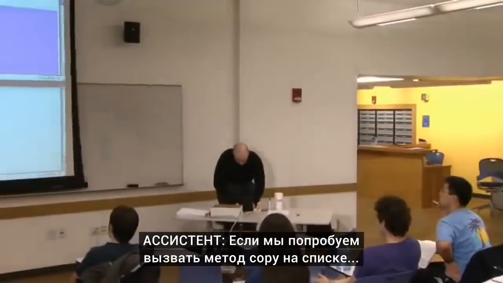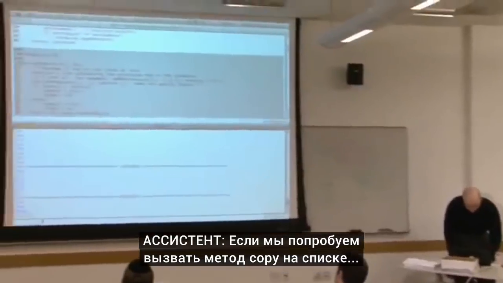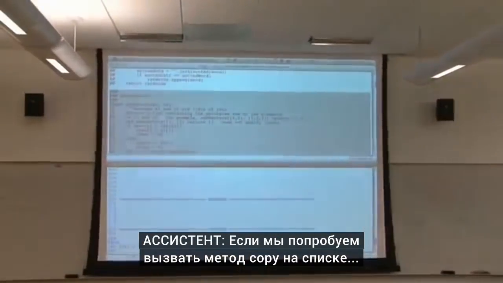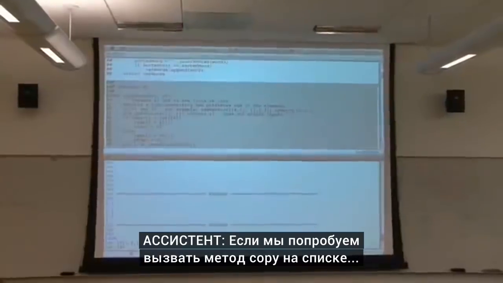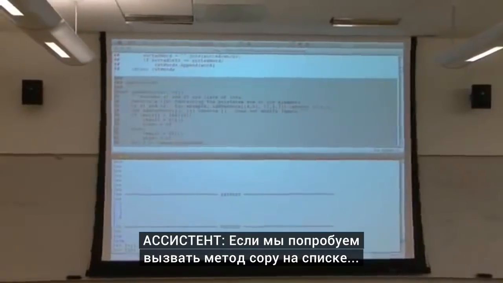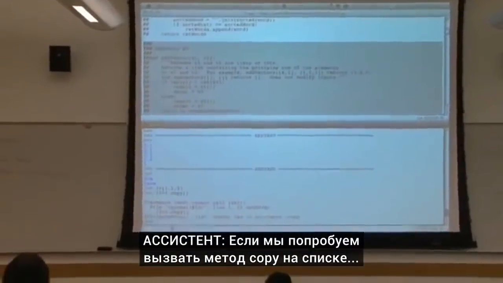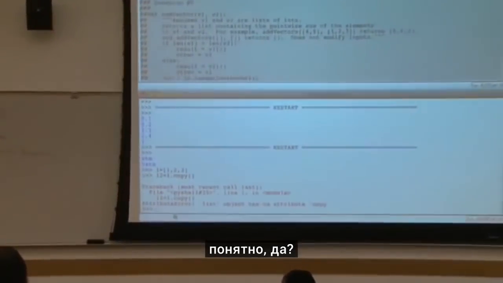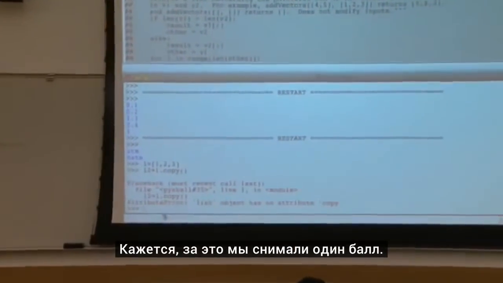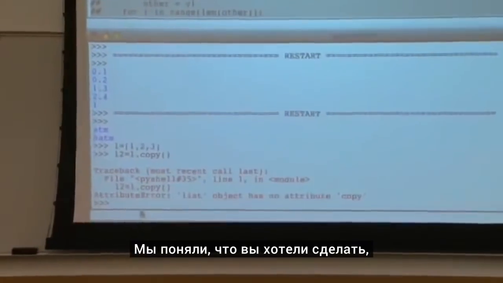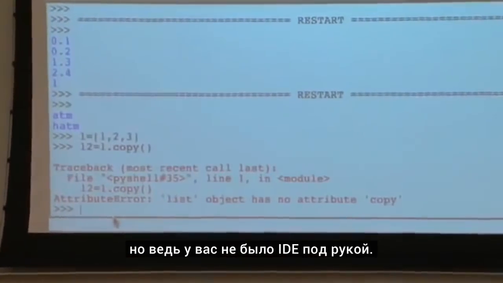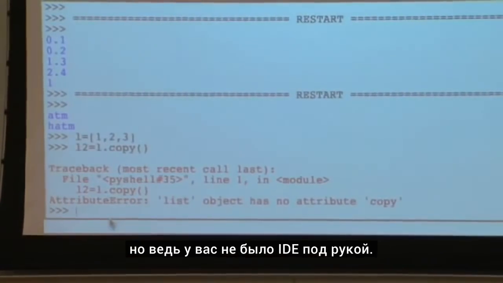So if we try and do a .copy on a list, got it? So I think we took like 1 point for that. It wasn't like we knew what your intent was, but you didn't have your IDE there with you.